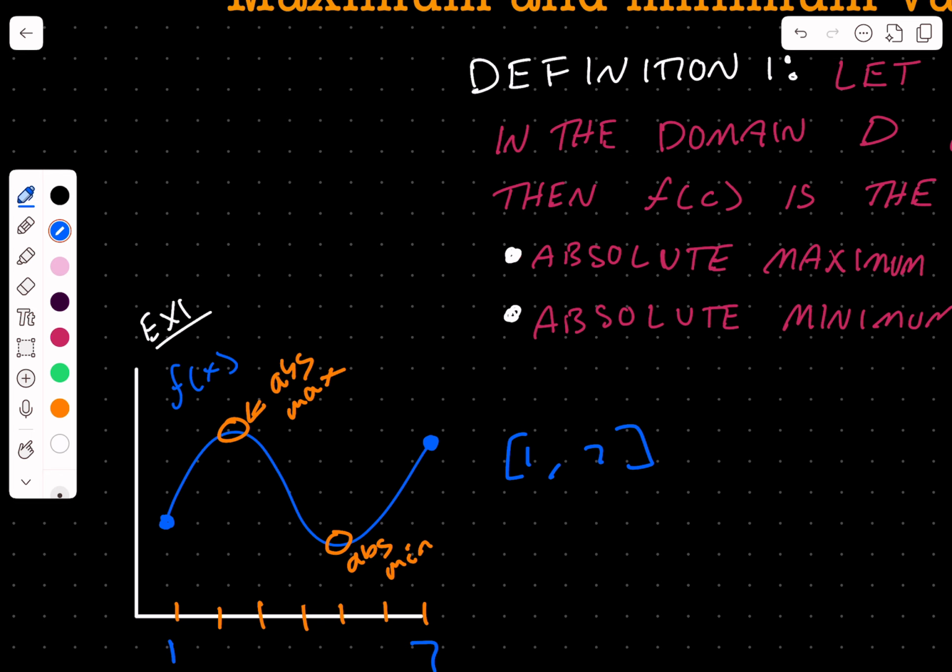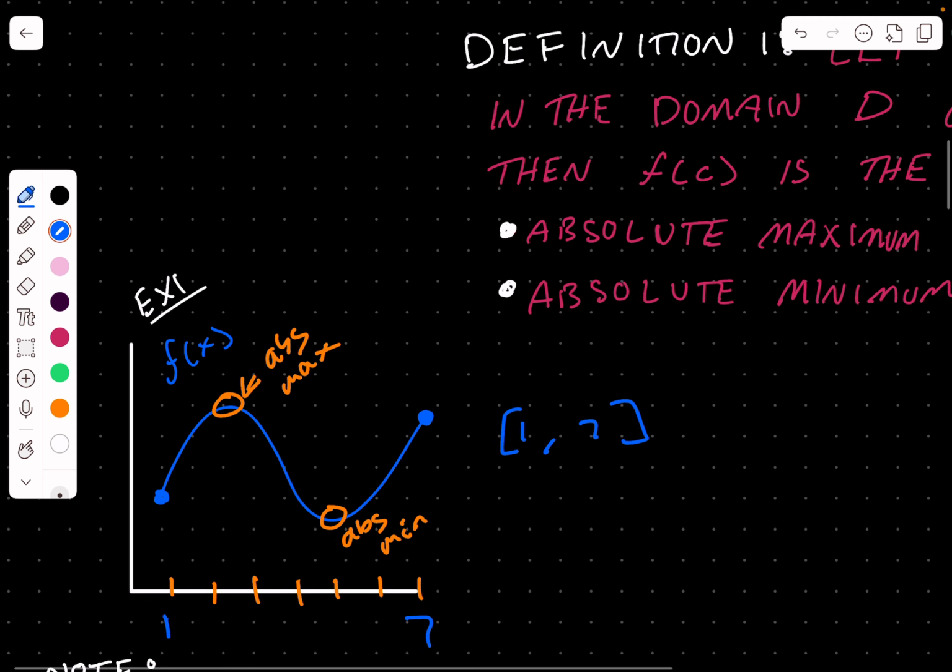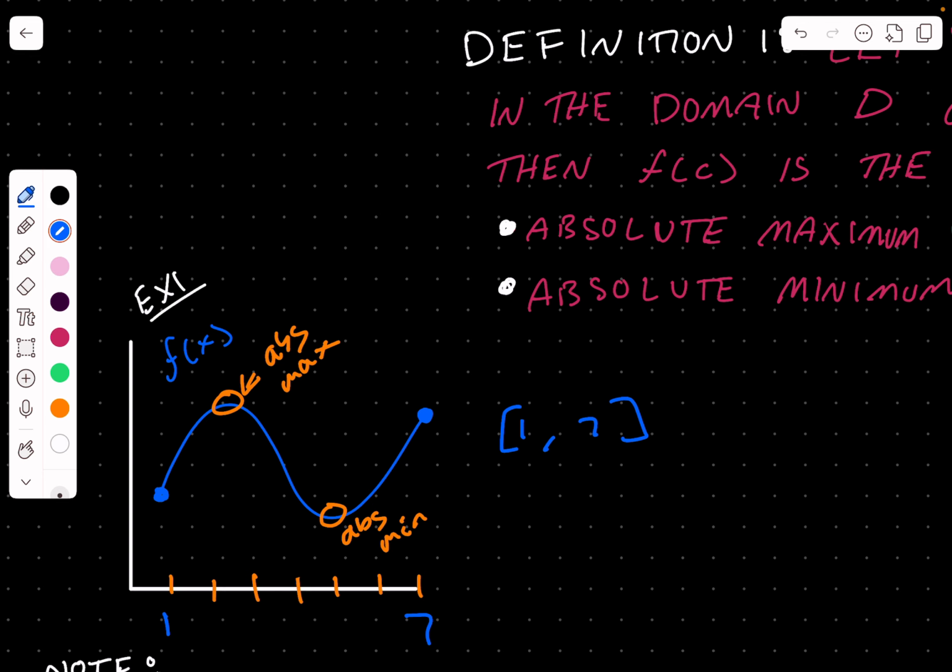This is all the function is. So in our interval 1 through 7, we are actually told that these are endpoints. These are both endpoints. Sometimes they can be your absolute max, sometimes they could be your absolute min.